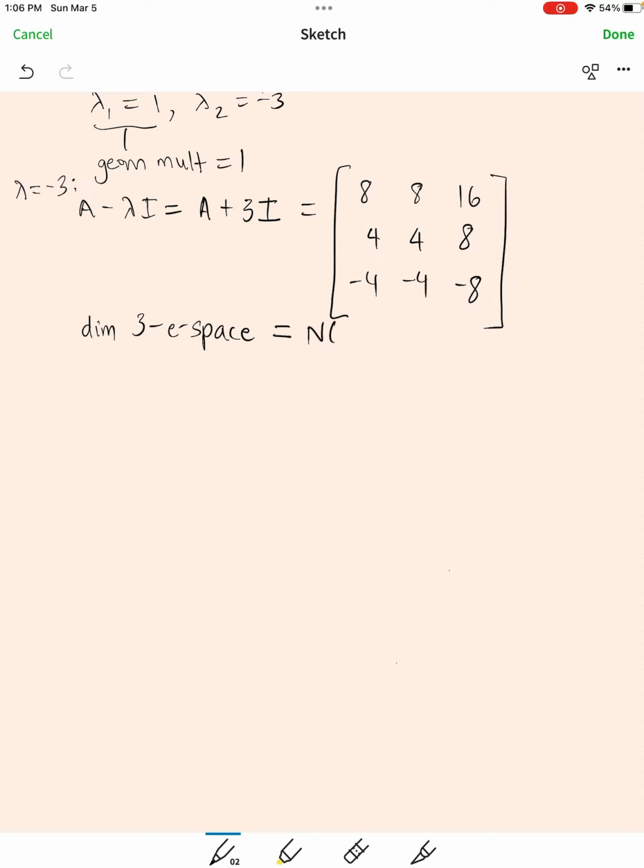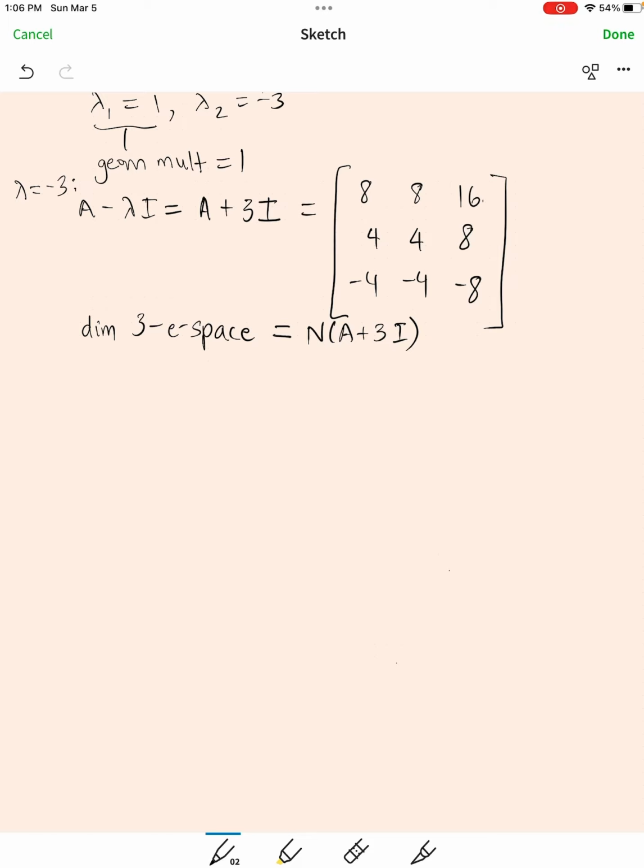No, it's the nullity of this matrix. Right. So we need the dimension of the null space, and we know the fastest way to do it is to figure out the rank. Now, what's the rank of this matrix?